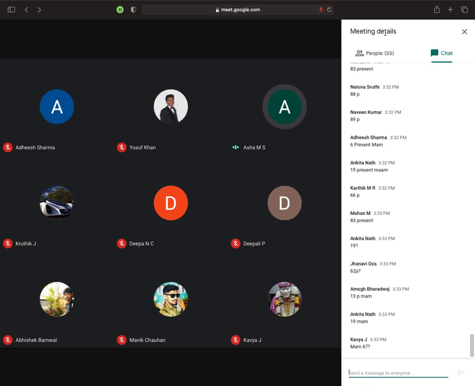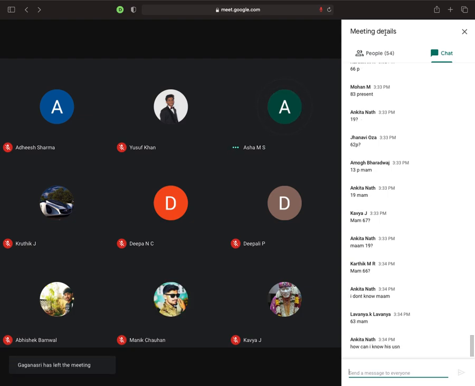Can anyone tell me Anish Shetty's USN? I'm not able to find it. Oh, you don't know? Even if you don't know, I don't know how to give the attendance for you. Fine.